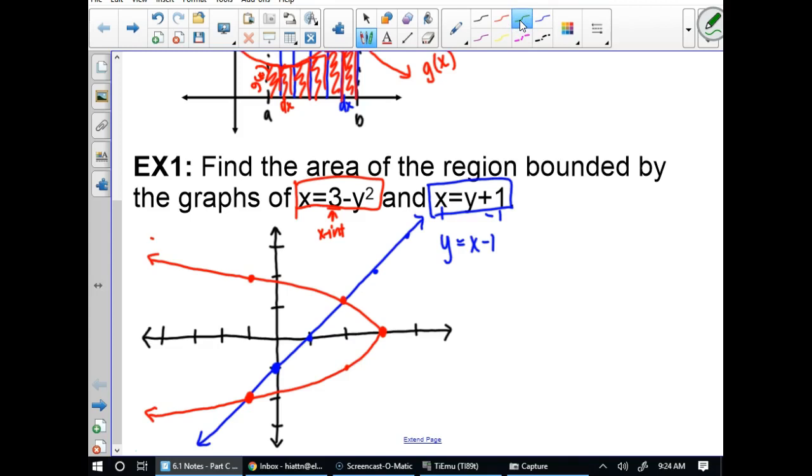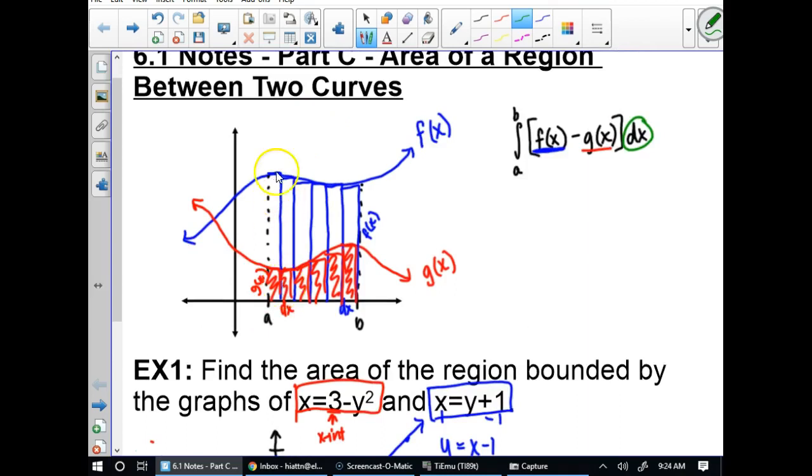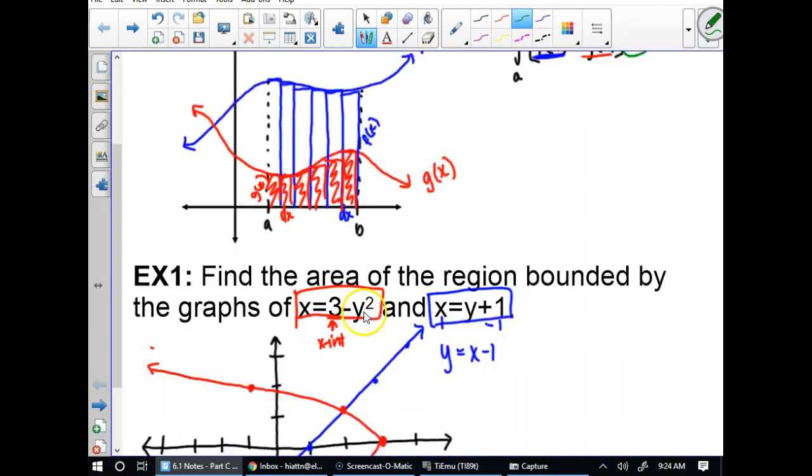What we're going to do is think of this not in terms of x, but in terms of y. So rather than having, like here, whenever we did this problem, the height of each function was your f of x or g of x, and then your width was dx.